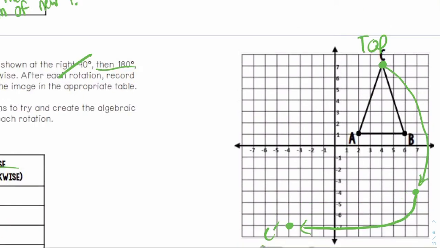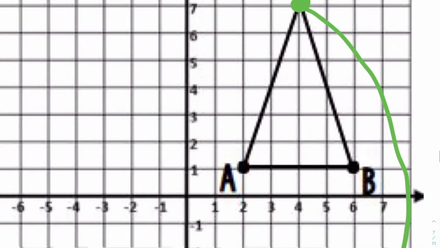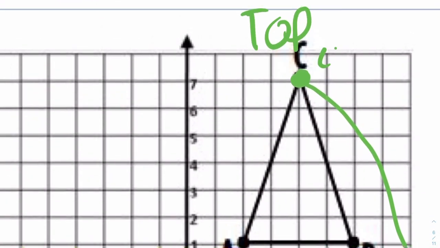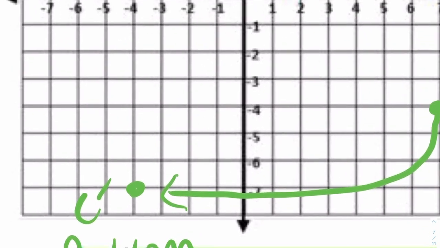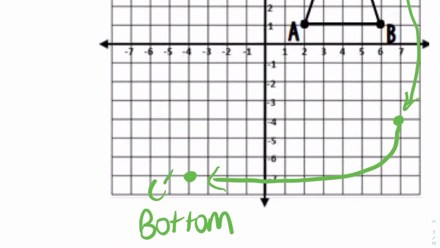Now let's look at this coordinate. C started at 4, 7. C ended, remember, just like with the 90 degrees, it's going to be the same numbers. It's either going to be 4 and a 7, or a 7 and a 4, because all we're doing is turning. We're not adding or subtracting or multiplying anything.